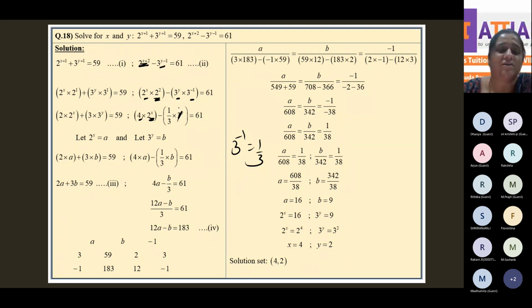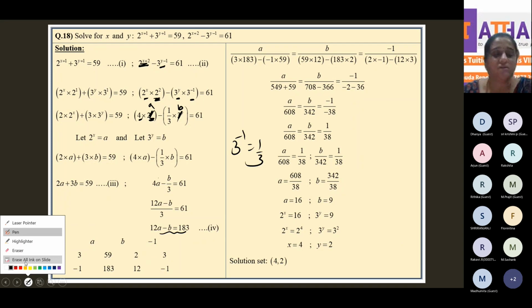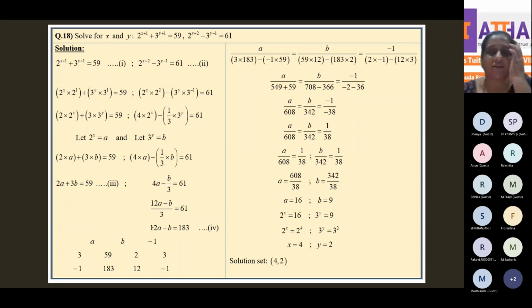So this one is b and this is a. So the equation is 4a minus 1 by 3b is equal to 61. And then you take the LCM, cross multiply. This is the next equation: 12a minus b is equal to 183. So solve the two equations and get the values of a and b.